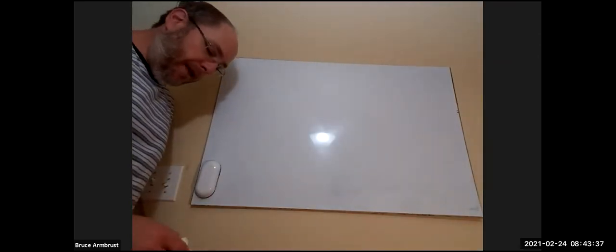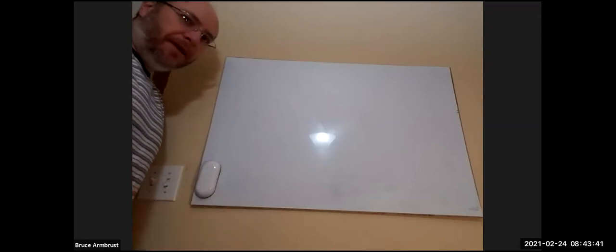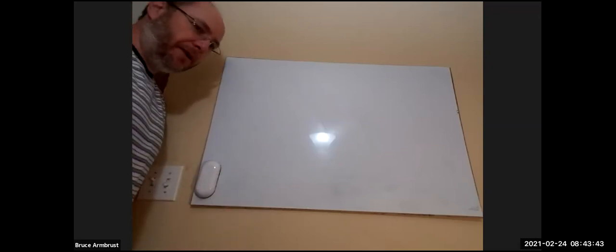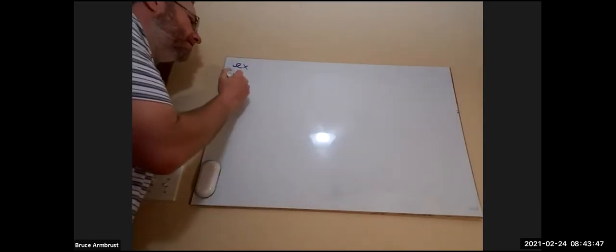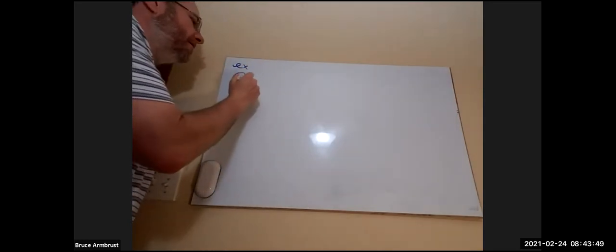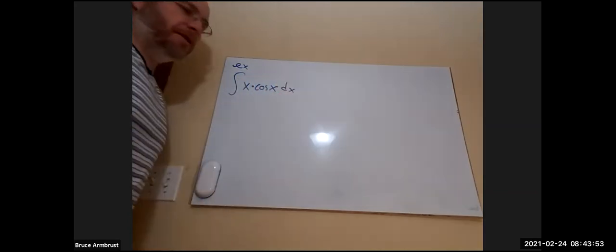All right. And the first one, I'm actually going to start with a real simple kind of function that we might want to integrate. Suppose I said, let's find the integral of x times the cosine of x.